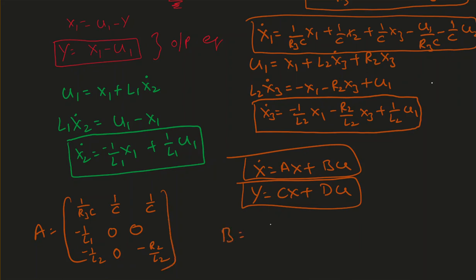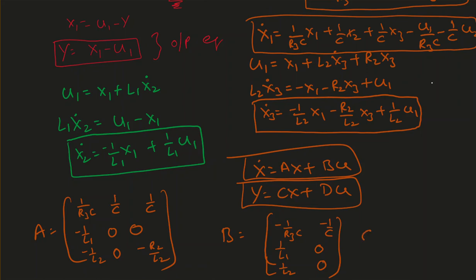And when it comes to the B matrix, you have U1 and U2 here, so minus 1 over R3C, minus 1 over C. Here for X2 dot, I have 1 over L1, 0, there is no U2 term here, and here 1 over L2, so for X3 dot, U2 is 0.